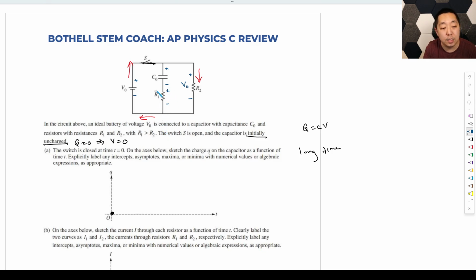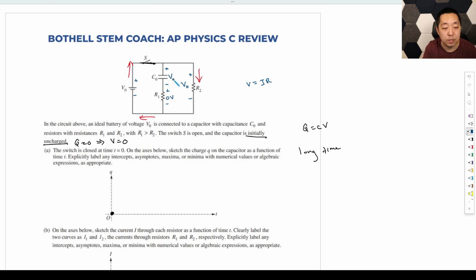Now, because the I is 0 here, and V equals IR, the drop on this resistor is 0 volts, because the I is 0 and the R is not 0. So the voltage drop here is 0. If I look at this loop, V0 minus the voltage across this capacitor plus 0 has to add to 0.